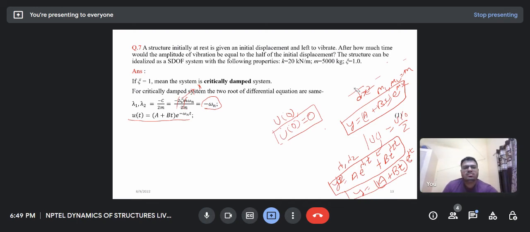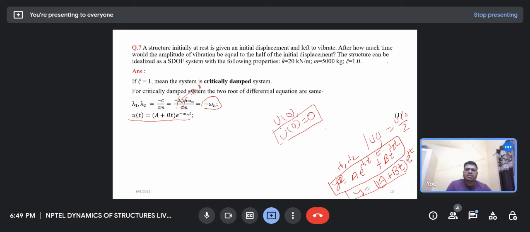Question number 7 of assignment 1, sir. There is one rod which is hinged at one point, and through a rigid link it is connected to another rod which has the same mass.